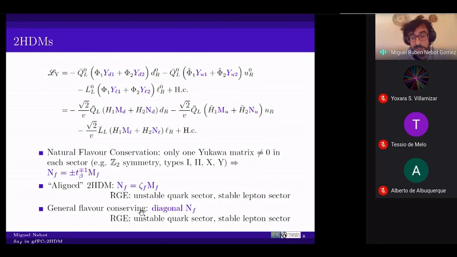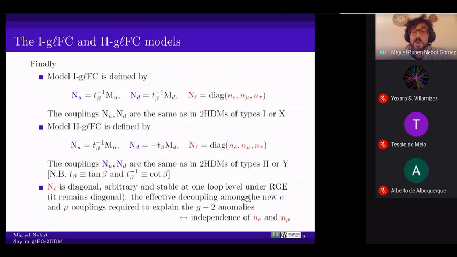This again is not stable in the quark sector, meaning that the renormalization group evolution does not keep a diagonal form of those matrices. Off-diagonal terms will appear just out of this running, but this is stable in the lepton sector. If you assume that this matrix is diagonal, the renormalization group evolution will not produce off-diagonal terms, which is nice.